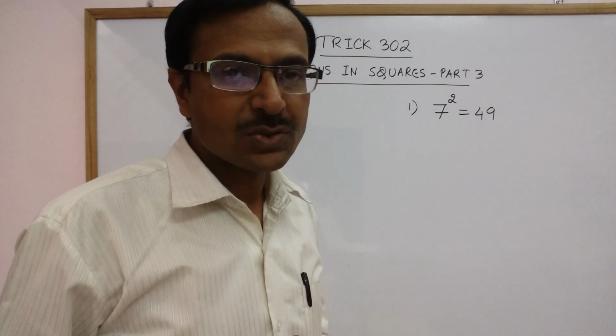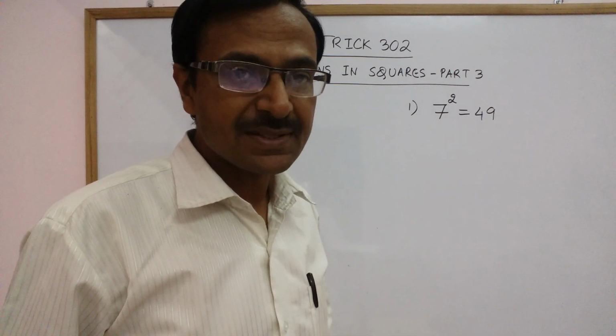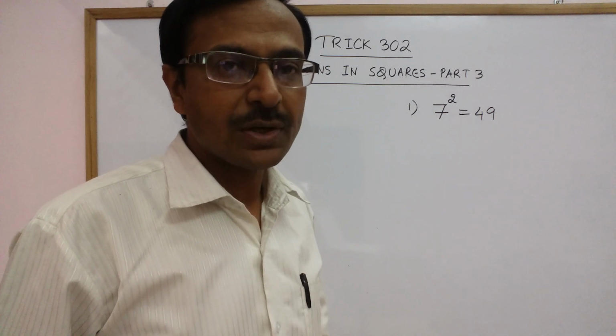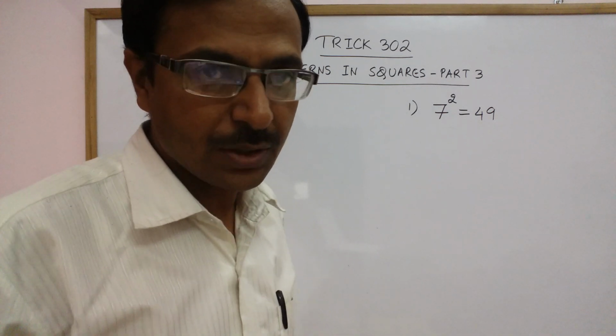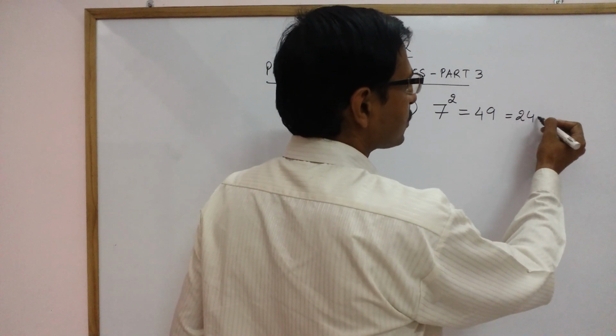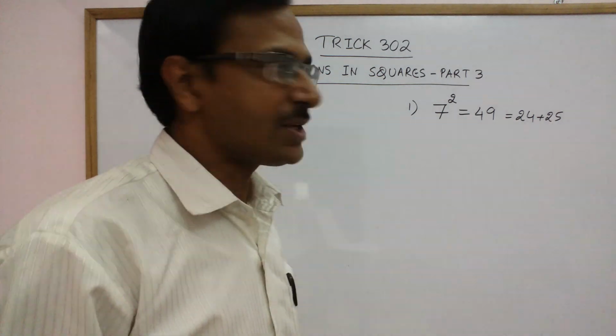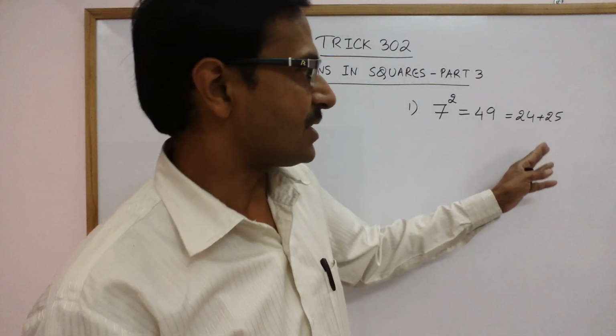Whenever you take the square of any odd number like 49 here, you can express it as a sum of two consecutive natural numbers. Now see, 49 is 24 plus 25. These are two natural numbers which are occurring in succession.